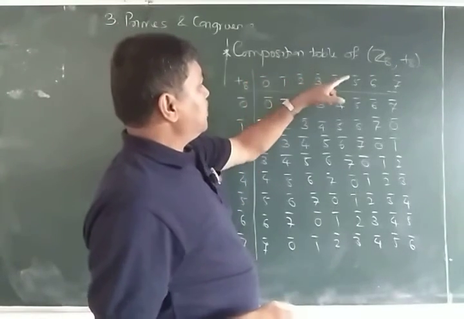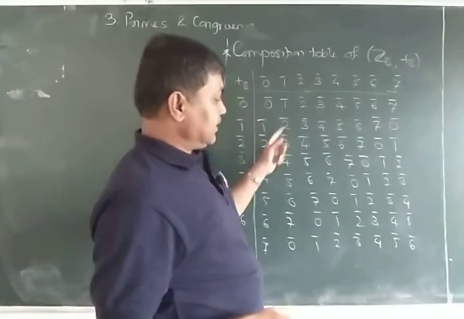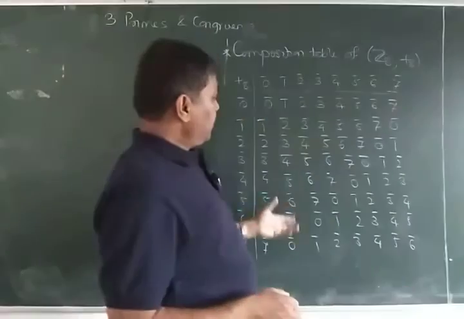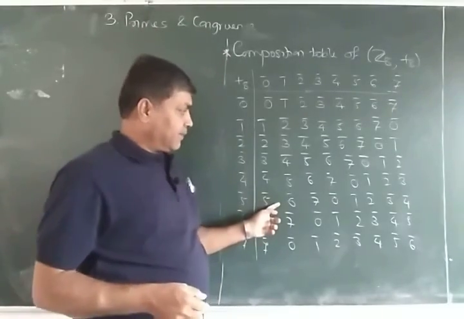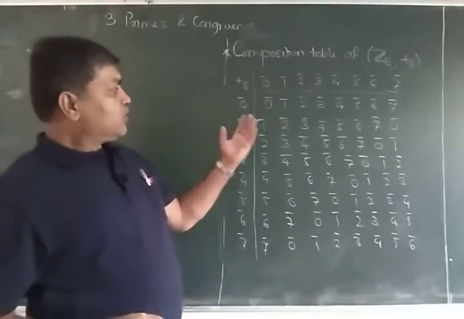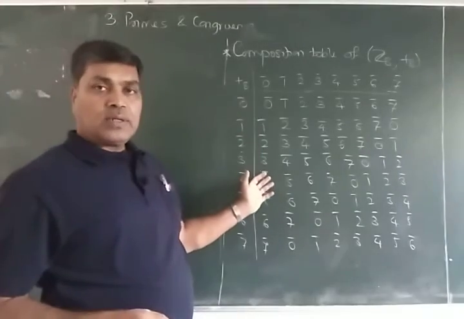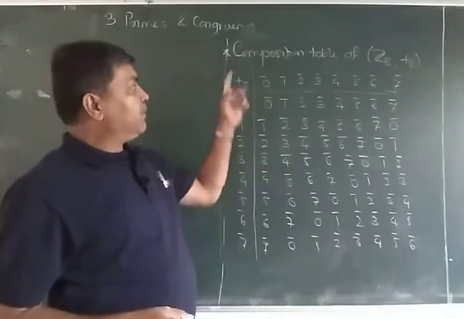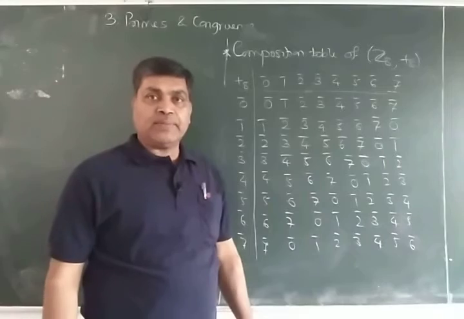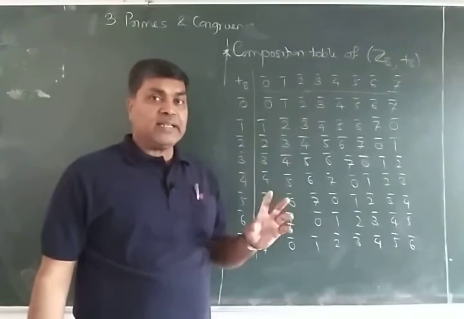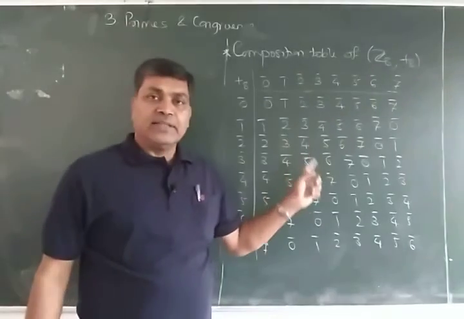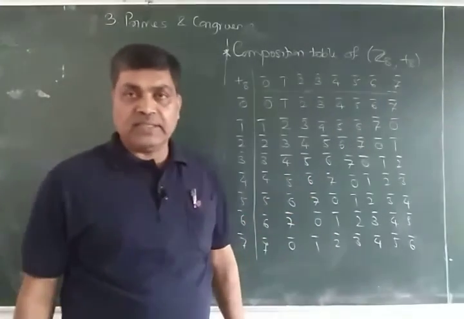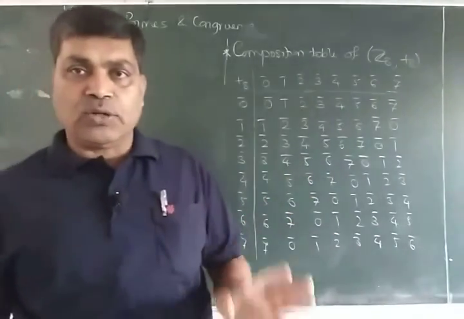So the composition table of Z8 under addition modulo 8 is this one. If you observe this table carefully, each column and each row contains each element from Z8. Every element in Z8 occurs only once in each row and each column.